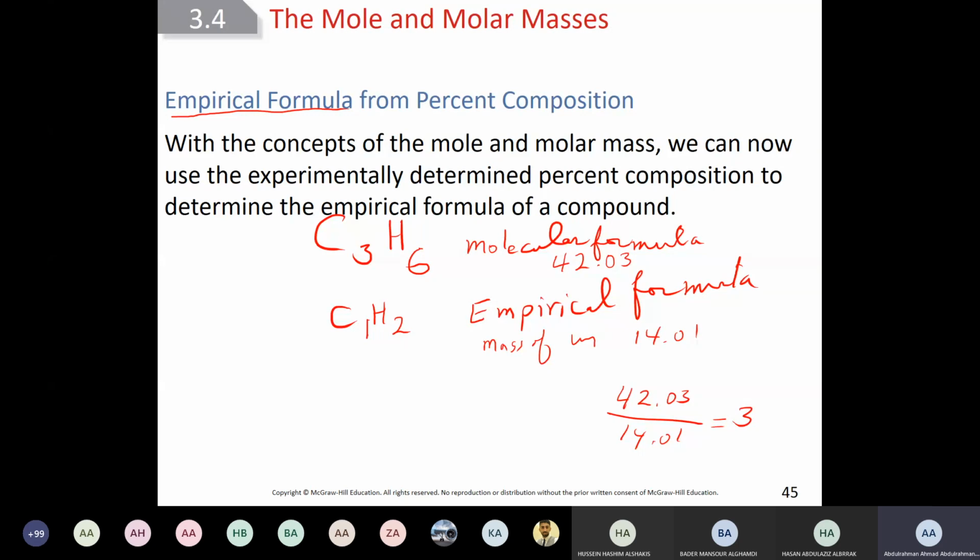So if I tell you that we have something with the empirical formula CH2, and we know the mass of the molecular formula, CH2 is the empirical formula.